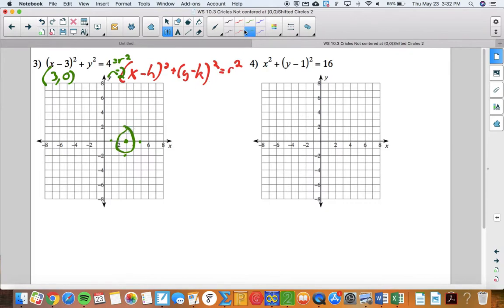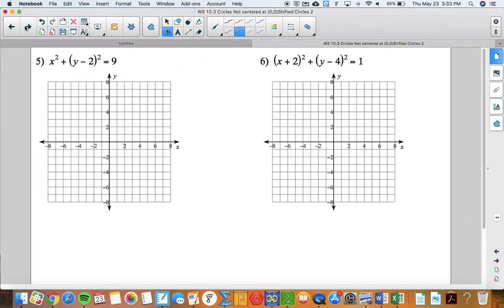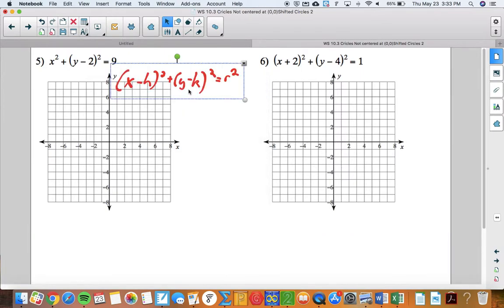That was really bad. Let me try one more time, see if I can do better. Make sure you can see your coordinates, please. Then we know that you're trying to make a circle out of that. Let's find the center. So what's getting subtracted from x?